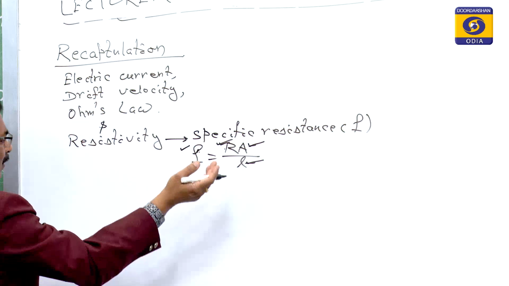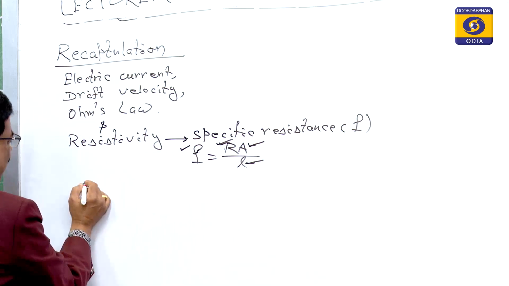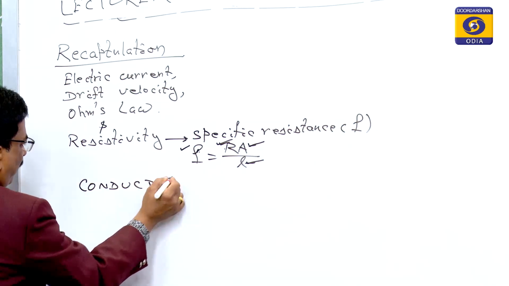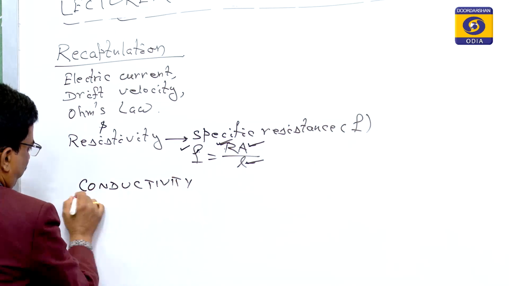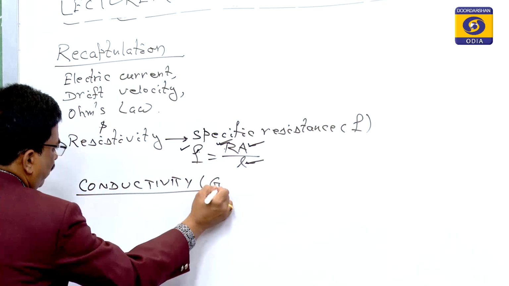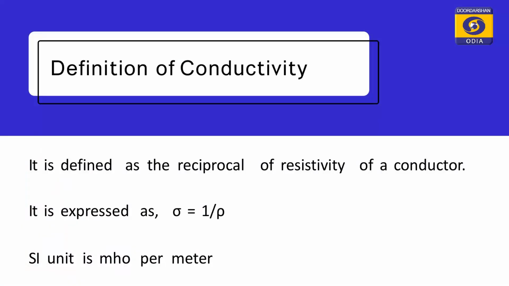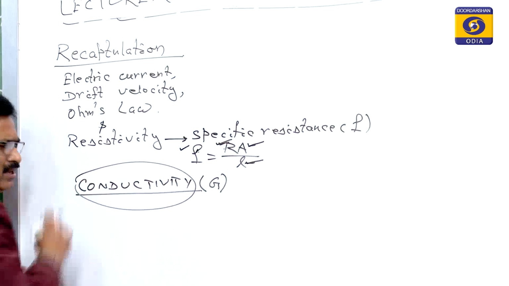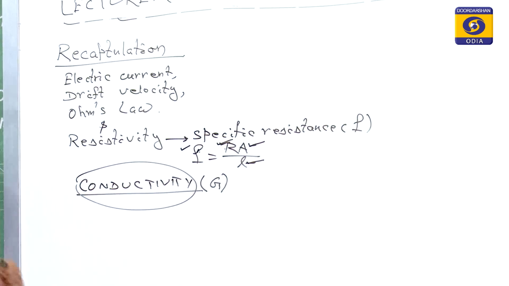Next one, according to our syllabus, is conductivity, which I have denoted by the symbol G. Conductivity, its parent word is conduct.